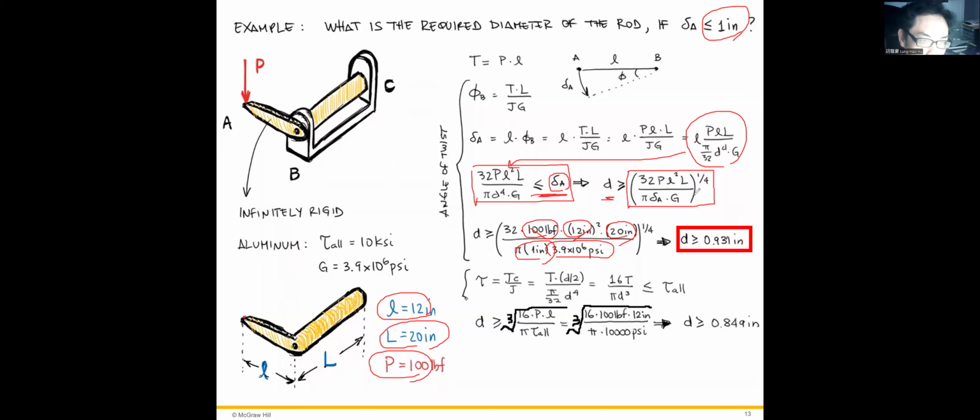And then we get that the diameter of this rod has to be greater than 0.937 inch.